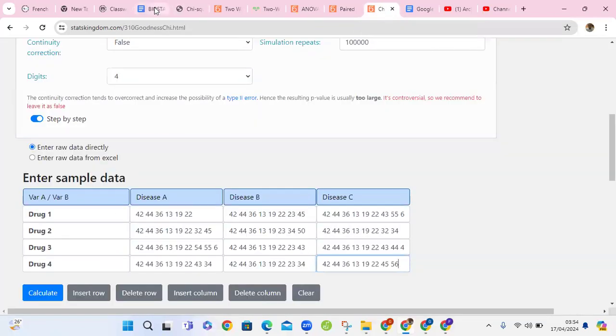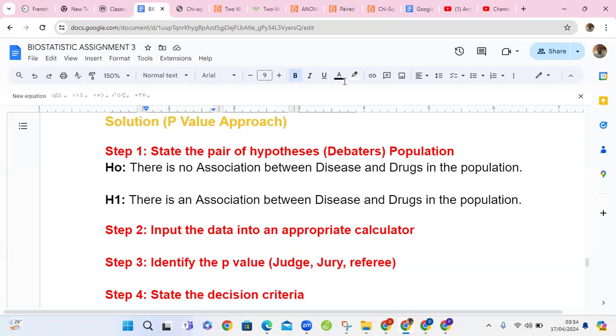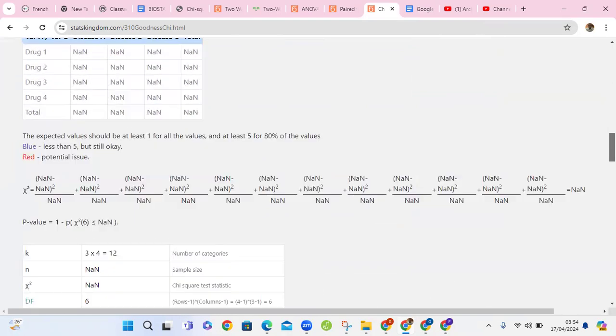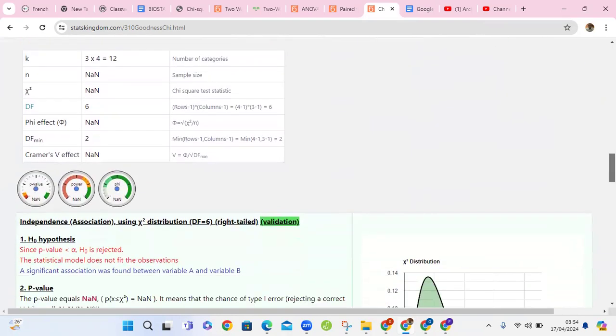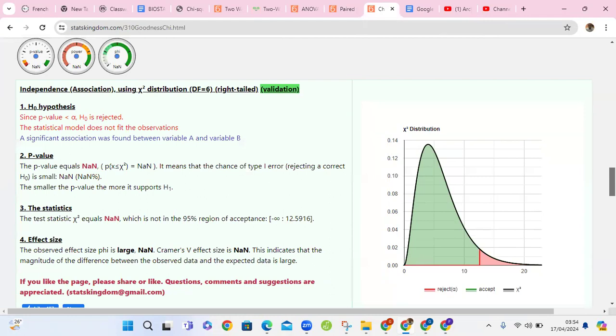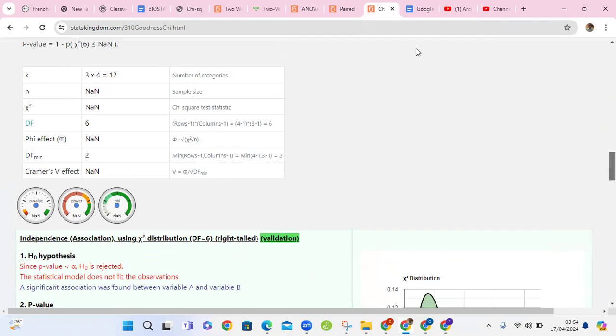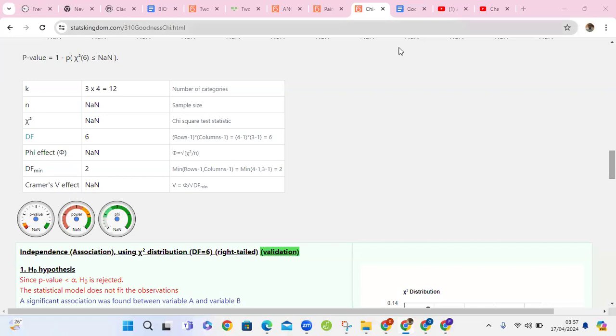Now that we have inputted our data in the calculator, the next step is to identify the p-value, which is also called the judge or the jury because a decision has to be made. Let's calculate and scroll down a bit to get the p-value. As you can see, this type of calculator is not so user-friendly and does not give the p-value directly.